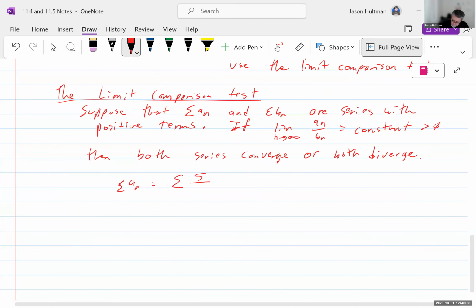Summation of 5 over 2n squared. Okay, and I'll let b sub n be equal to 5 over 2n squared minus 4n minus 3.